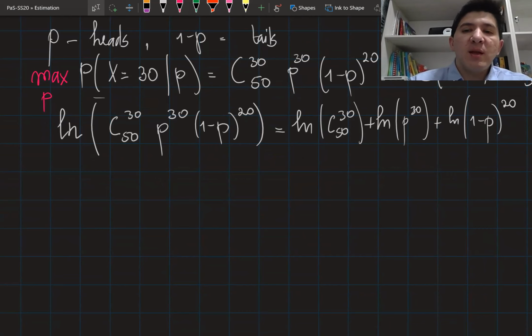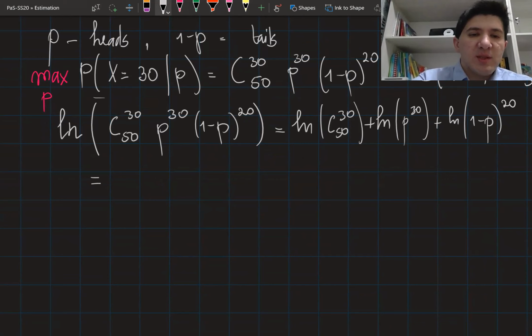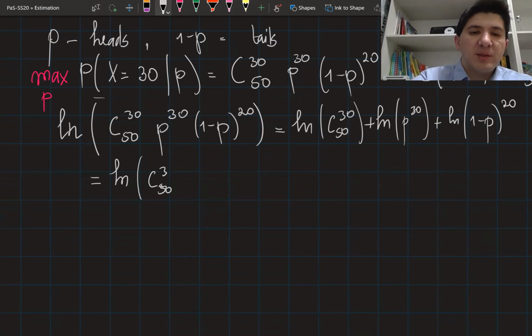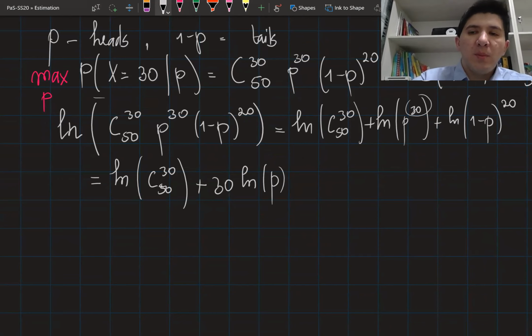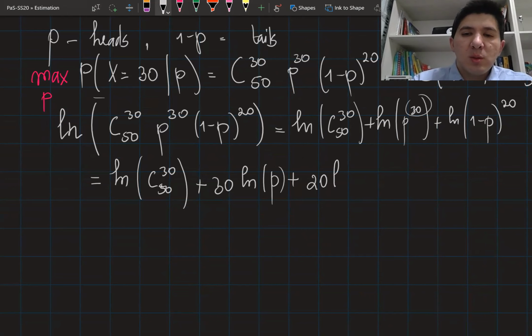Before we do this, I still need to do a little bit of simplification here. The ln of the combination of 50 and 30 is a constant. The 30 in the power of p is going to come down, so it's going to be 30 ln p, plus the 20 is going to come down here, so it's going to be 20 times ln of 1 minus p.